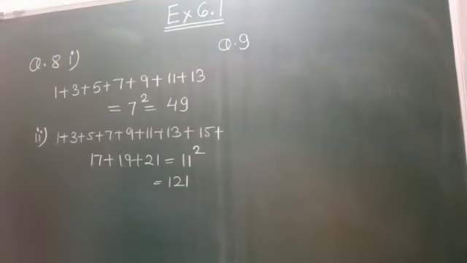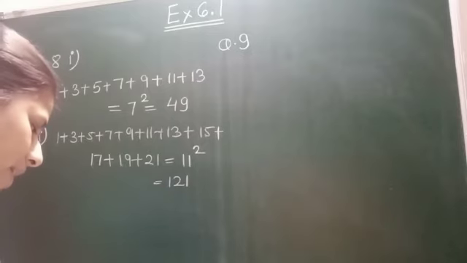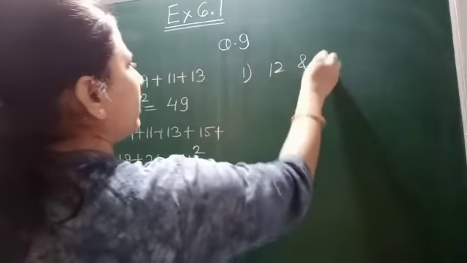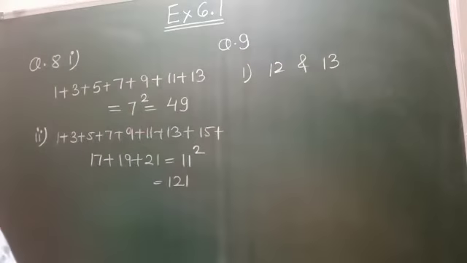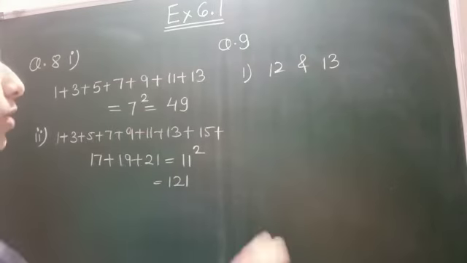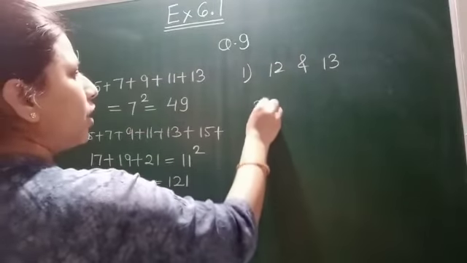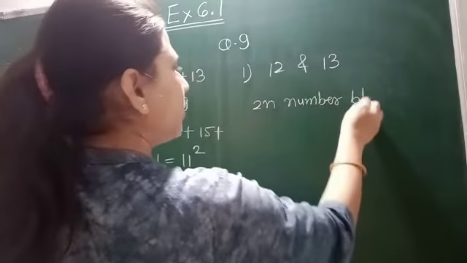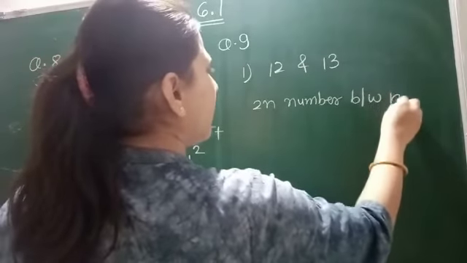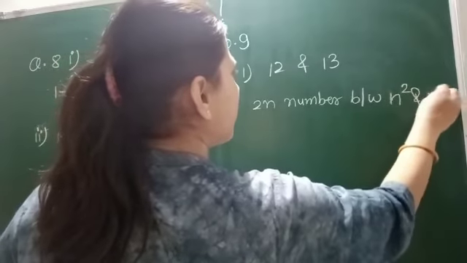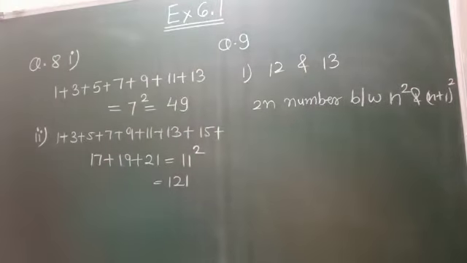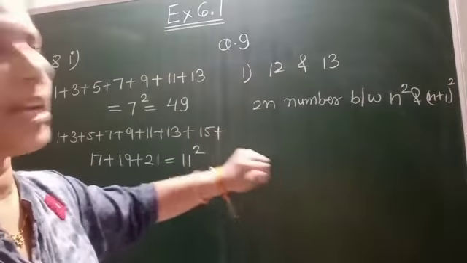Okay. Question number 9 is how many numbers lie between squares of the following numbers? And first is 12 and 13. As we learned, student, there is a shortcut formula. There are 2n numbers between n square and n plus 1 square. This property we learnt already. So the same property we have to apply here, student.